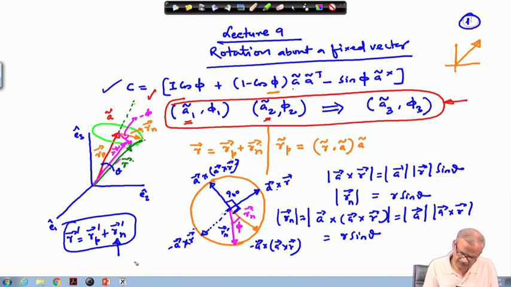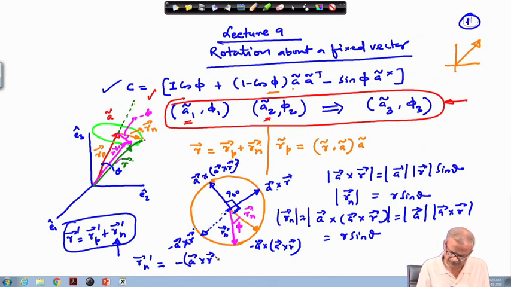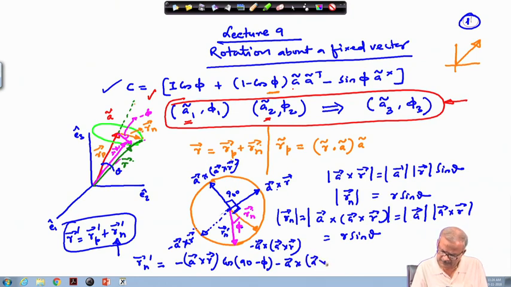So we can write r n prime equals minus a cross r along this direction, which is cos of 90 minus phi, and the component of the vector along this direction, taking this vector in the opposite direction, minus a cross r times cos phi.